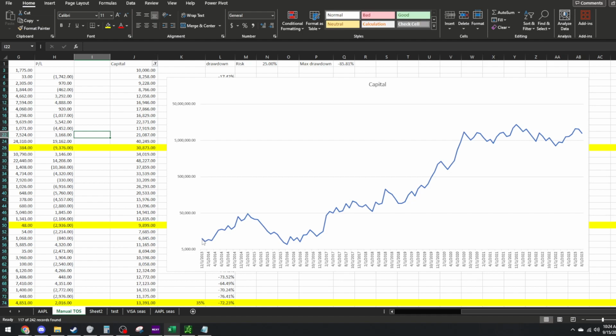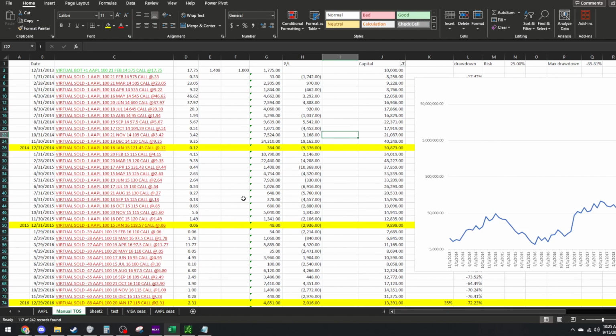So this is basically a 9 to 10 year back test, which is pretty decent. And you can see recently it's been chopping around here, but these are large swings in capital, right? If I went to the bottom here, this is 4.1 million up to 13 million, right? So large swings in capital.